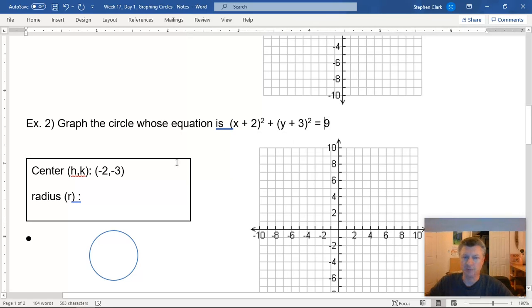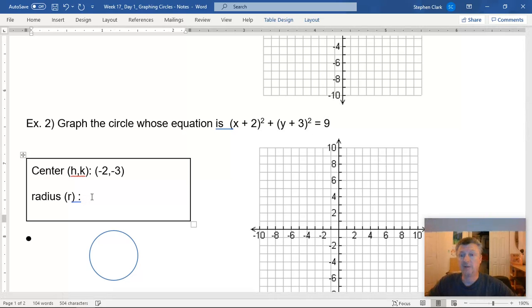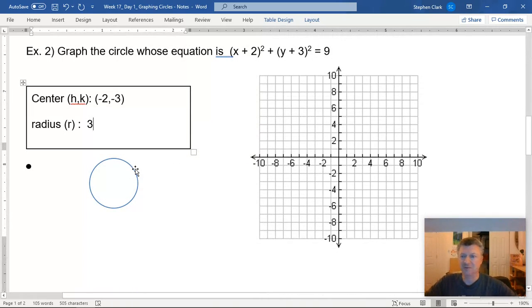There's 9 again. So r squared is 9. So that means 3 squared is 9. So 3 is the radius. Oh, that's nice. I don't have to redraw my circle now. So we'll resize it. It's the same size. So I'm going to move this point to negative 2, negative 3.